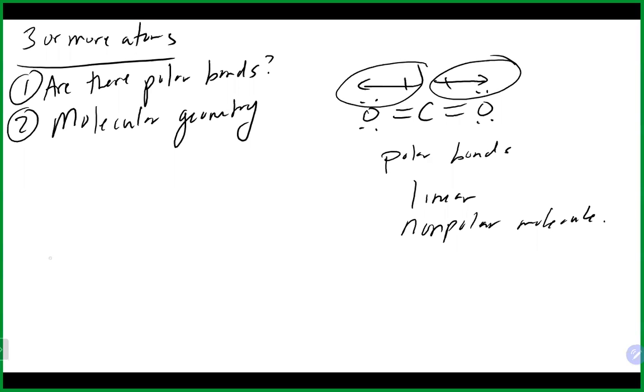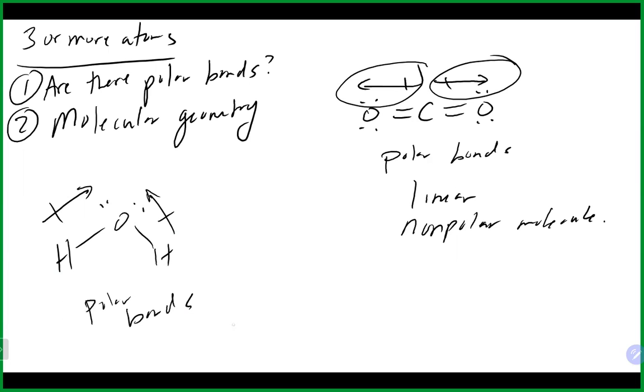So in the case of something like water, it does have polar bonds heading to the oxygen. So we could draw our bond dipoles. But because of the geometry here, which is bent or V-shaped, we now have everybody meeting at the top, almost like you have a string on the top of something, and you just pull it.